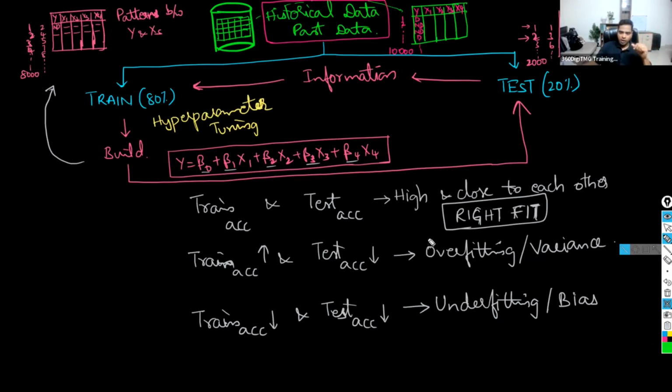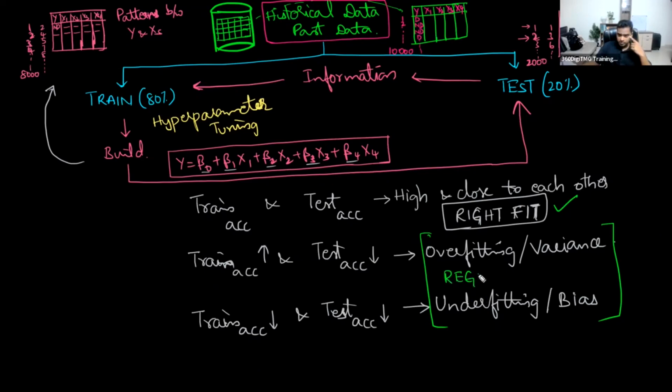Back to our discussion. When you have scenarios of overfitting, variance, or underfitting, bias, you need to fix that. Only the right fit models are preferred. How do you fix that? Using something called regularization techniques. Every algorithm, every prediction model technique, every supervised learning algorithm will have regularization techniques.